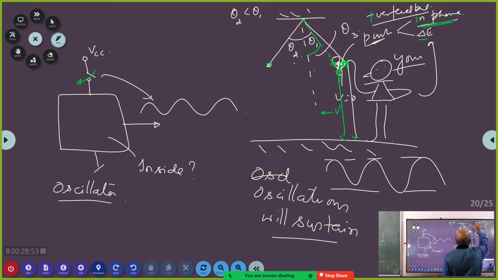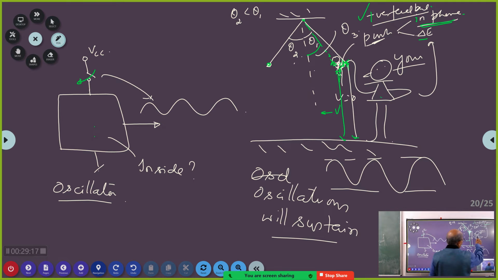Now having done this, you have given this delta E, you are giving positive feedback. And the system by itself, because of gravity, keeps moving up and down. Gravitational force is playing a role and you are giving the force. So now, if you look at this whole thing as a system, the gain of this system is 1.